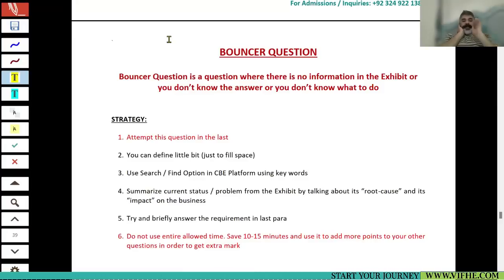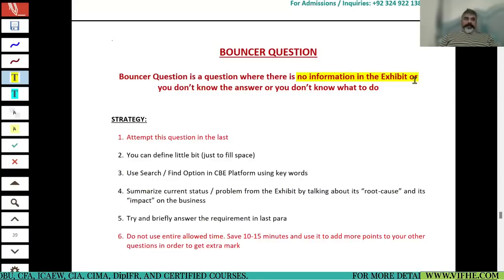Did we see a bouncer question in the CB platform right now? Which one was it? 1B, yeah, the EMAS and the environmental policy. So that's easily a bouncer question because there is no information or no exhibit.